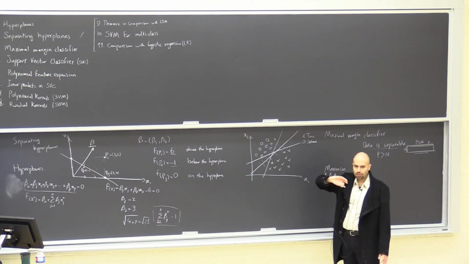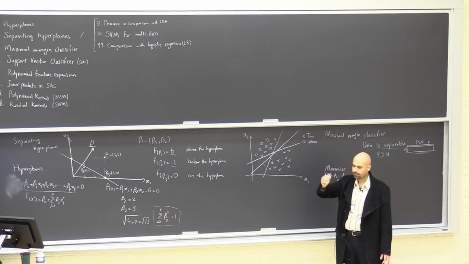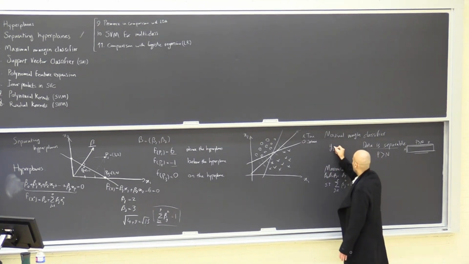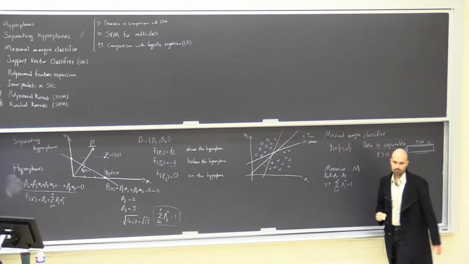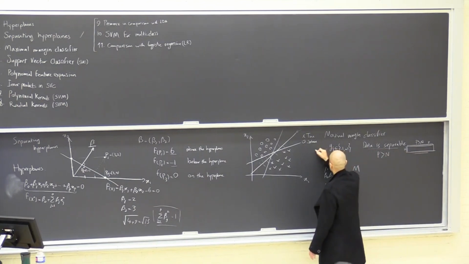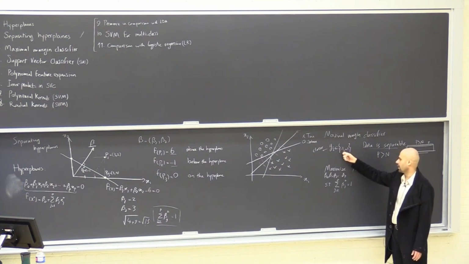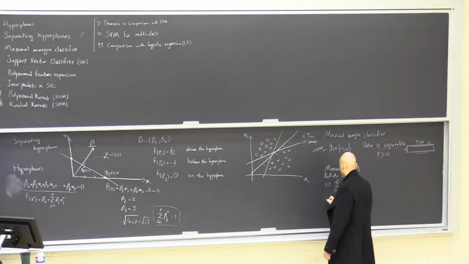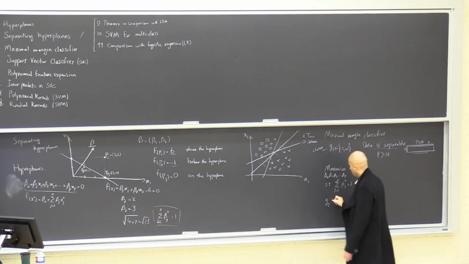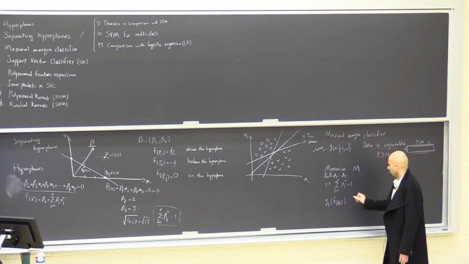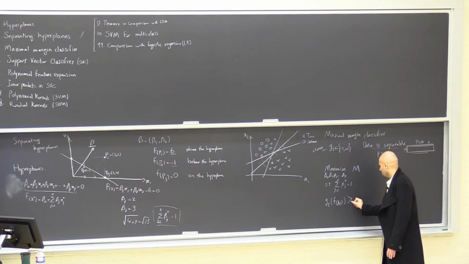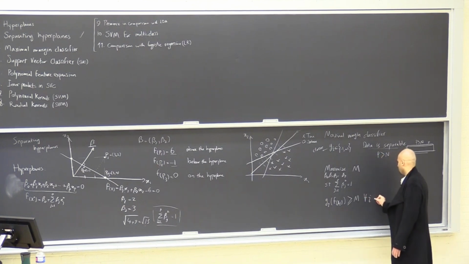If we also code the classes as -1 and +1, so let's say yi is -1 or +1 to define the classes for binary classification, instead of 0 and 1, then we're going to have yi times f of xi larger than M for all data points, so for all i.